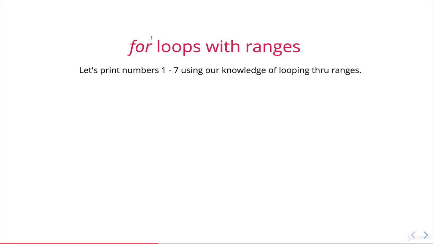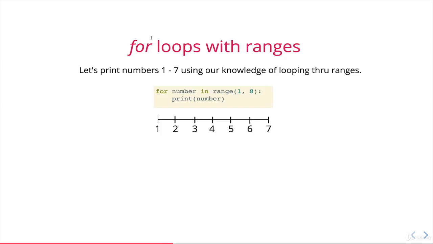So here's an example. We haven't discussed ranges yet, so you'll have to bear with me, but the idea is that a range is a way of quickly generating numbers in a specific range. So an example like this is going to generate the numbers 1 through 7. So if we write range 1, 8, it actually generates the numbers 1 all the way up to 7. So with this syntax here, for number in range 1, 8, you could kind of replace range with this number line here.